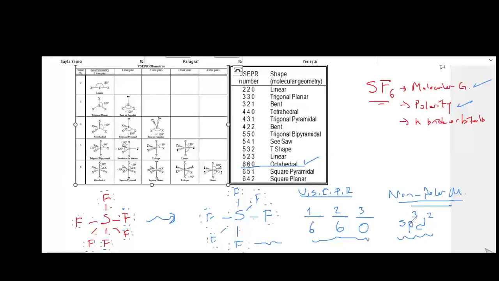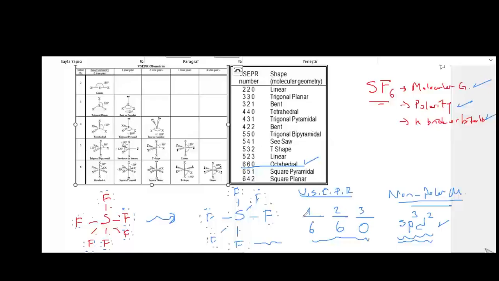If you look at that orbital type, you can easily realize that a total of 12 valence electrons can occupy those hybrid orbitals, because there are six different hybrid orbitals in that type. So this is our hybrid orbital type.